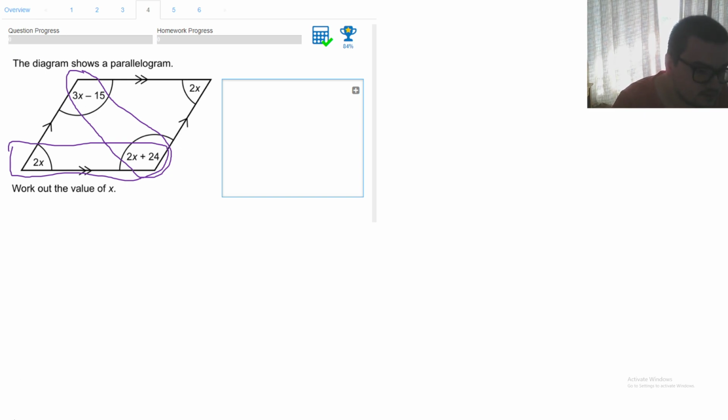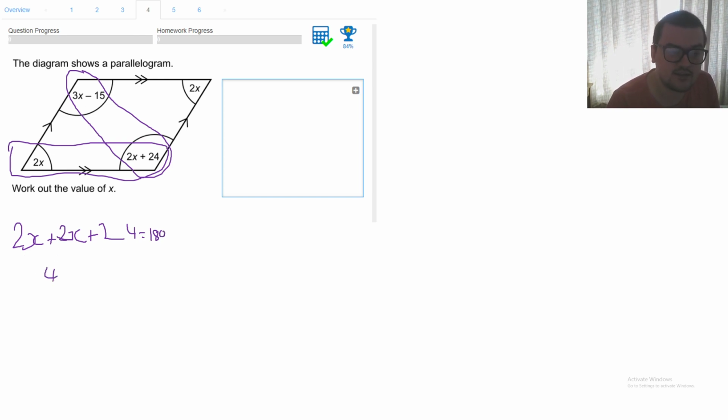So, if we start off with the angles on a straight line equaling 180, we'd say that 2x plus 2x plus 24 equals 180. Let's tidy up. 2x plus 2x is 4x.